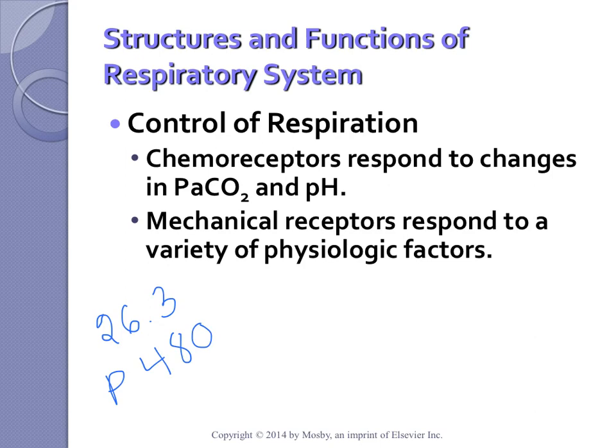The other thing we're going to go over, just a couple more things as review, is that when we think of the respiratory center, we think of the medulla. The medulla controls that. When we have changes in the hydrogen, so let's say we have an increase in the hydrogen, this is acidosis.